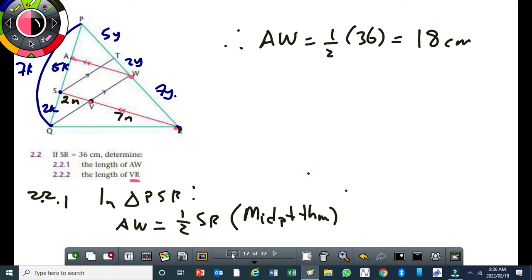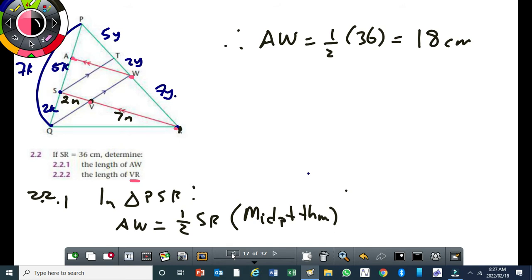Alright, so I'm going to apply the proportion theorem. Now, allow me to also tell you that you can use one of the four corollaries. Remember, when I did the proof of the proportion theorem, I told you about the four corollaries which can originate from the original proof. So, if I want to calculate VR, there are many ways of calculating VR.